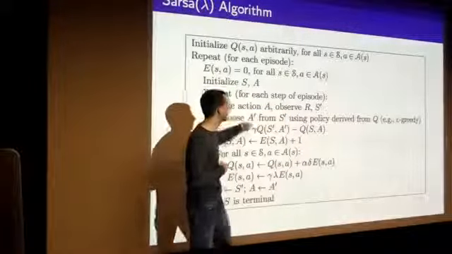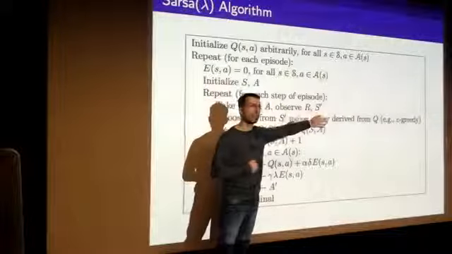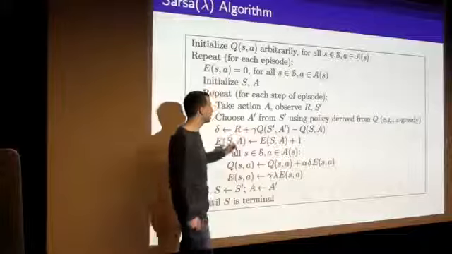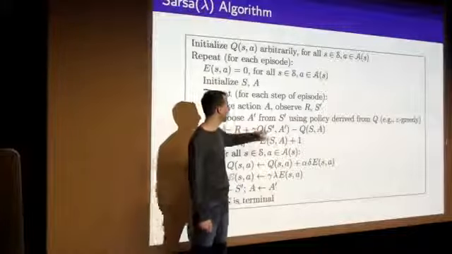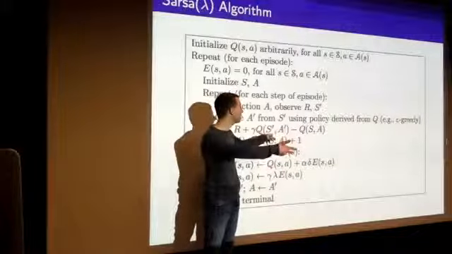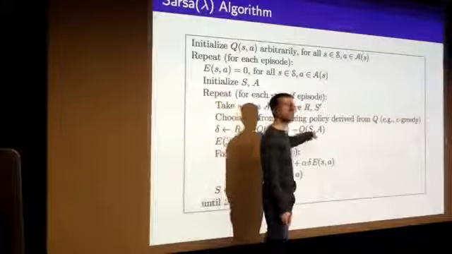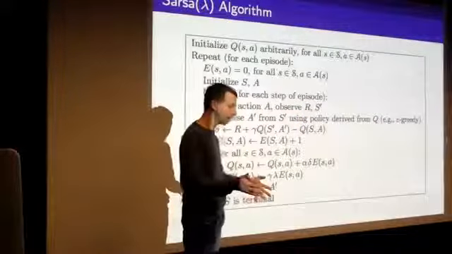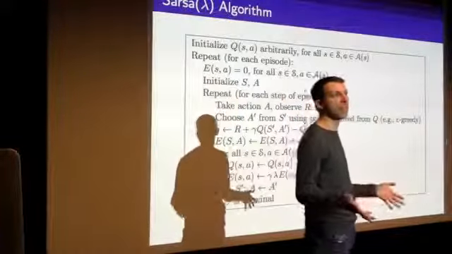So we pick our action from our policy, for example, acting epsilon greedily. We compute our TD error, so we look at the difference between the reward plus the Q value of the state and action I ended up in, compared to my previous estimate. This is just the one-step error between what I thought the value was going to be before and what I think the value is going to be now.